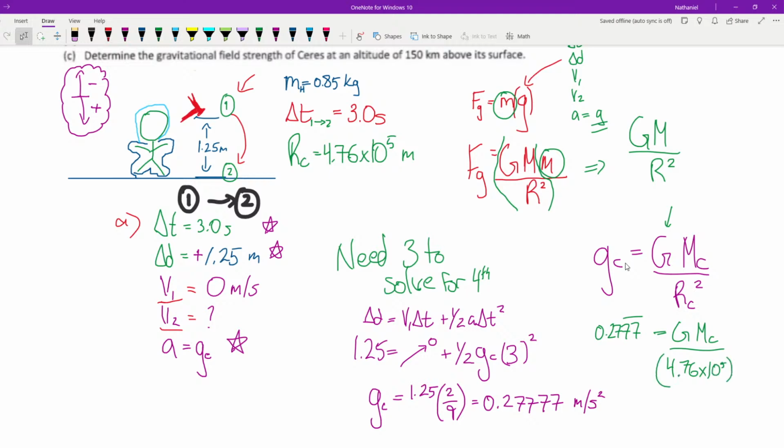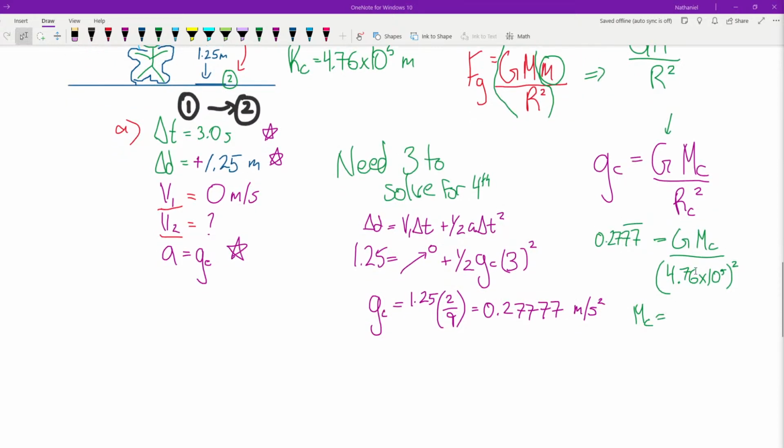That's already in meters, so we're good, and we have to square it. So now let's rearrange for MC. Our G value is 8.99 times 10 to the negative 11. Is that right? Gravitational. Yeah. Oh, wait, 6.67. Right. Oh, I'm thinking of the K constant. Sorry.